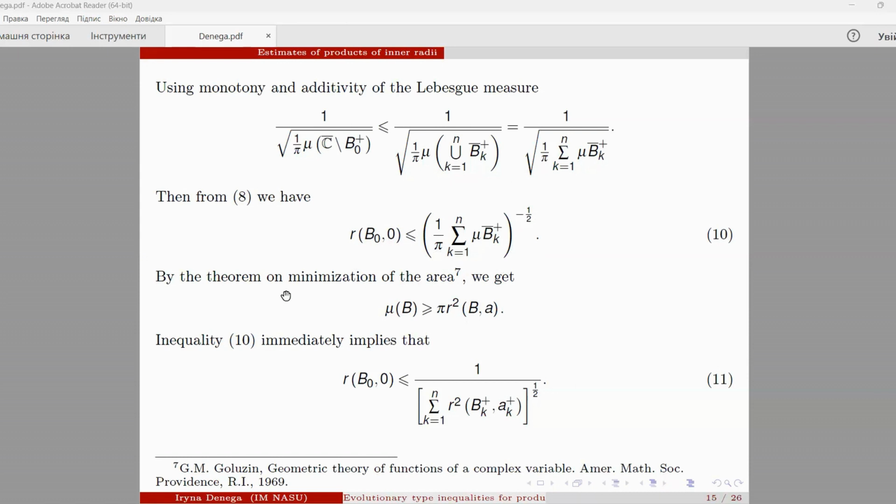By the theorem on minimization of the area, mu of B is more than or equal to pi r(B, a) squared. Then we have inequality 11, but in this inequality we don't know how the radii change after the mapping.